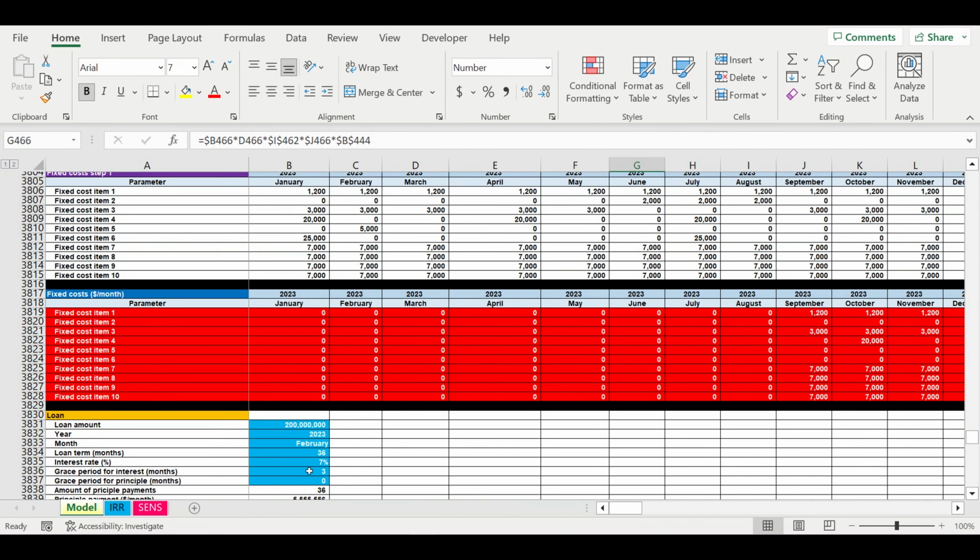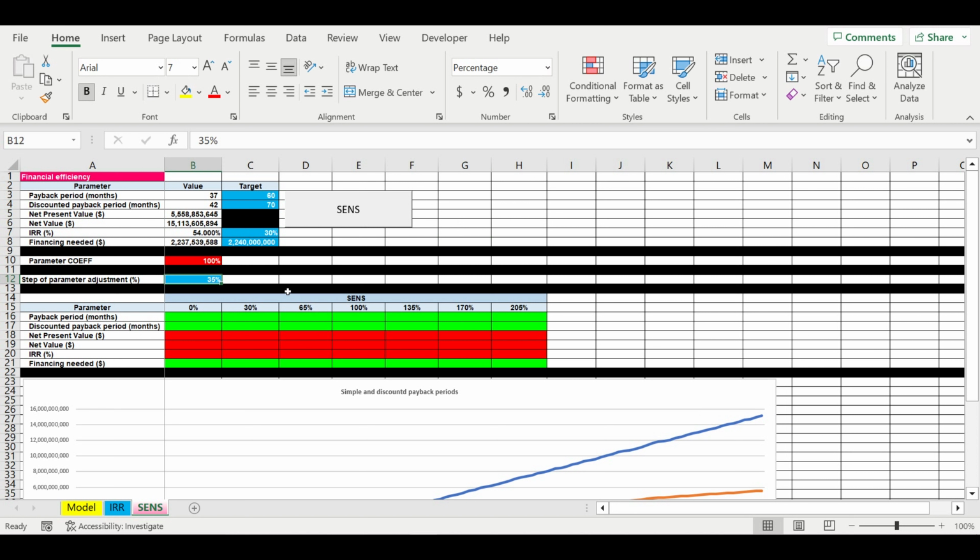Now we have our coefficient added. Then we go back, and now we can press the sense button and see what will happen to our business idea if the interest rate rises or decreases. So I will set the step of changing the interest rate to 10%.